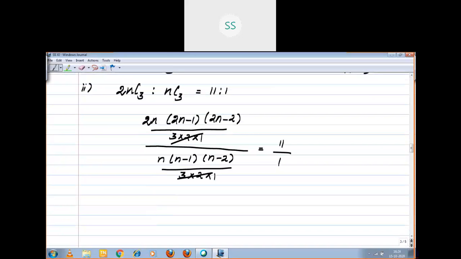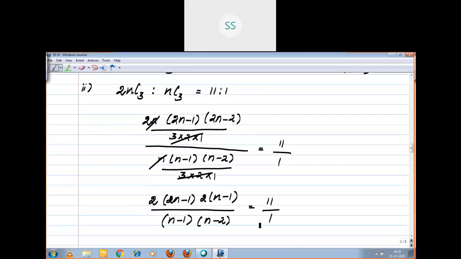Now n cancels, 2 into 2n minus 1. In the second bracket 2 you can take as common, the whole thing divided by n minus 1 into n minus 2 equal to 11 by 1. n minus 1 cancels. You have to cross multiply.